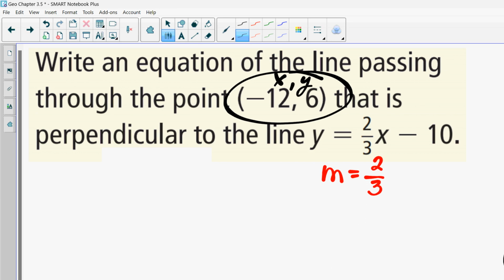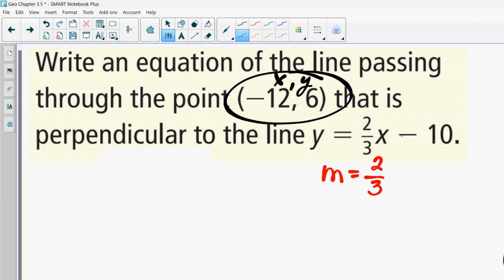So we have y minus 6 on the left is equal to -3 halves x. Now -3 halves times 12, well, that's going to make it negative. Now you could do that in a calculator, -3 halves times +12, and it would give you the answer. If we did this by hand, what's 12 divided by 2?